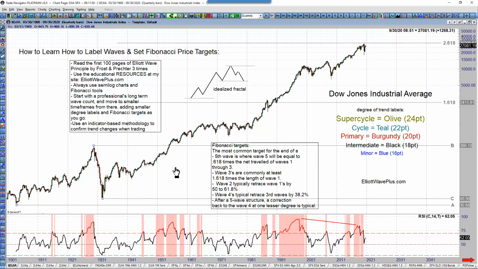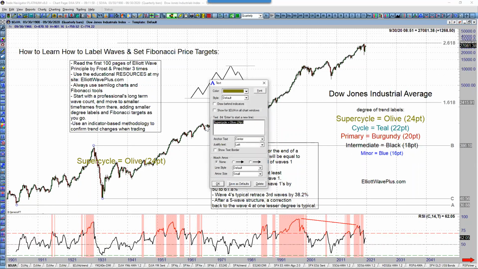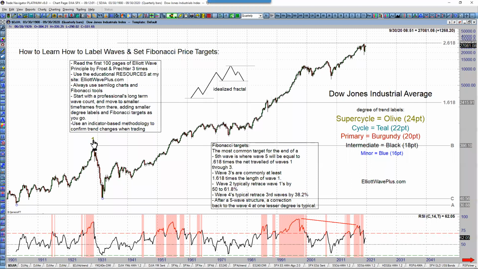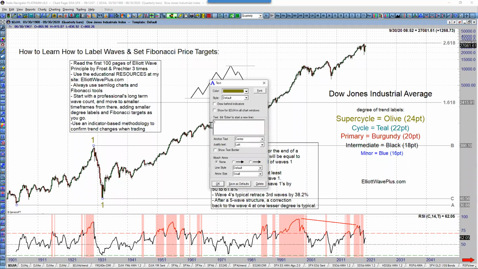And so if that is a correct wave labeling, I'll just put those labels in here for now, and then we'll explore some different options. So that would be a 1 and a 2 in this example.